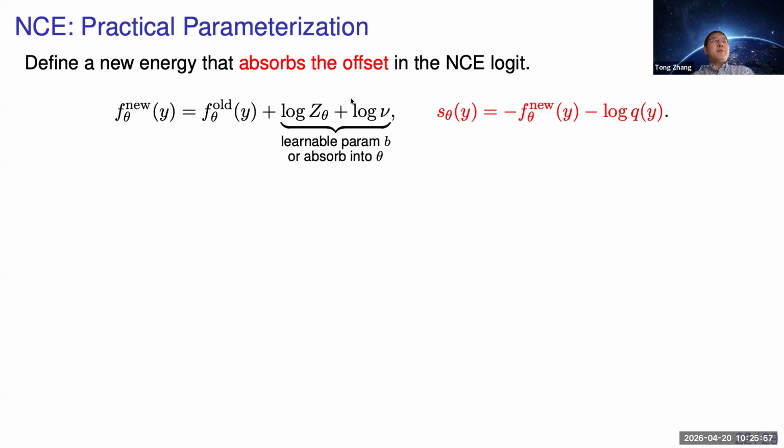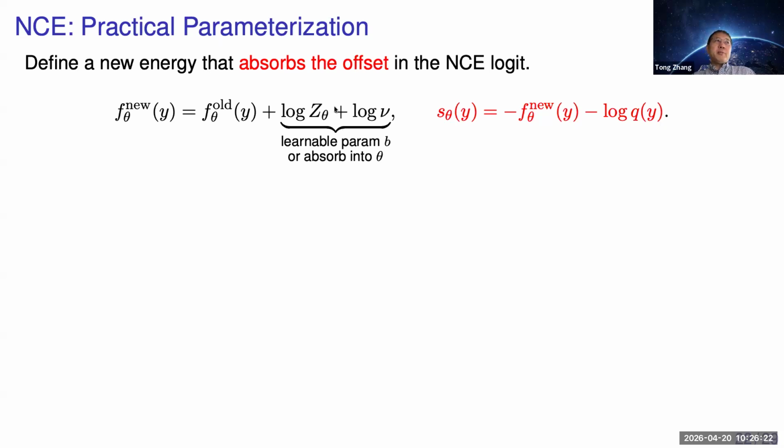If something is independent of y, it doesn't really matter in some sense. An energy plus a constant which is not dependent on y can be dependent on theta, but it doesn't matter. So you can introduce a learnable parameter b, and that can be done.